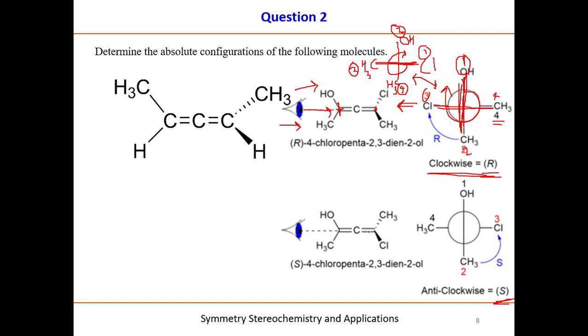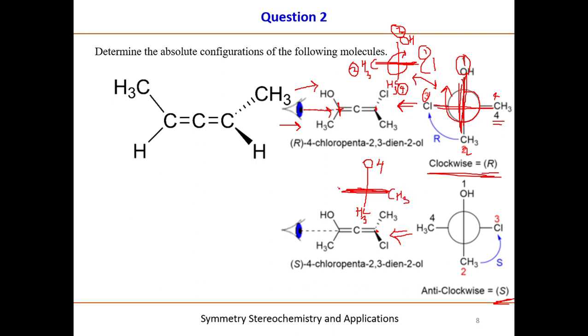Now let's talk about this one also. Same. If you are looking at the molecule from this side, what will happen? The horizontal line will become solid because it's the first carbon. You are looking from this side. So the carbon is coming first here, this one, and the substituent present on this carbon will be given the first priority. And here OH, CH3, and here CH3 is on the right side, correct?